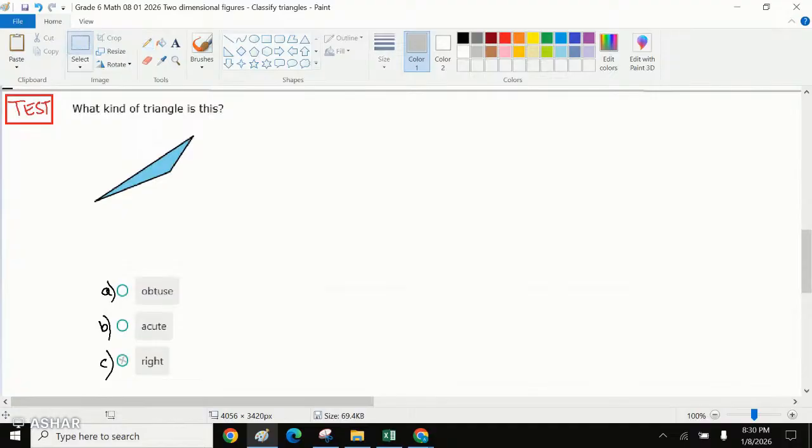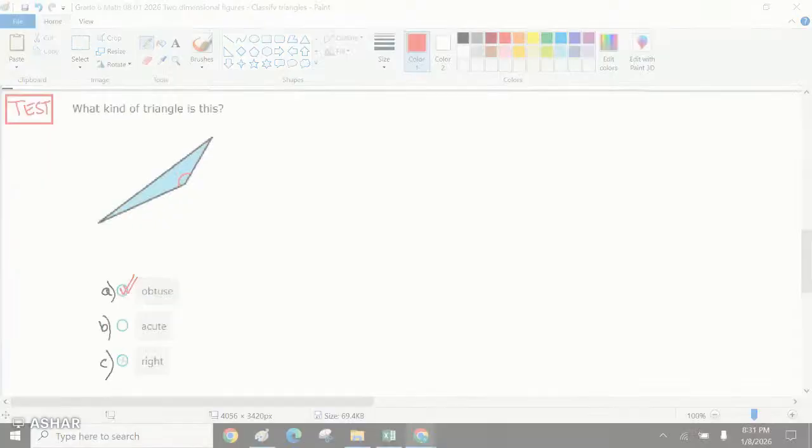What do you think this triangle is? Option 1, obtuse. Thank you. Why? Because one angle is bigger than 90. Thank you so much. This is an obtuse angle triangle. We click onto the obtuse. It shows us that our answer is correct. We move on to the next question.